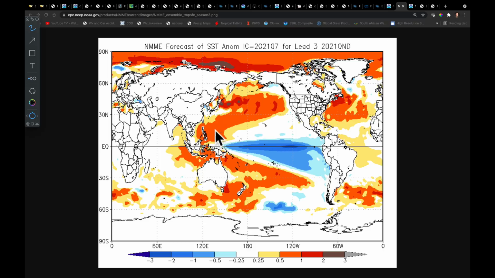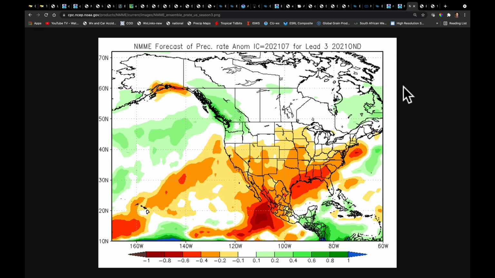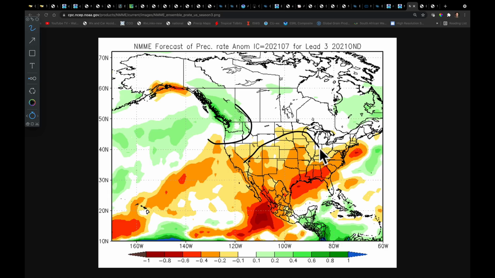Okay, well, let's do this correctly for my physics teachers: rising motion here, and what that could mean for sinking motion there. It could also lead to an active second half of the hurricane season by diminishing wind shear in this area. But I want to keep going with this and think about what it might mean by looking specifically at the October, November, December NMME, because just like the European, it was wetter here and possibly a drier harvest overall. So that's what I wanted to share with you in those updates.